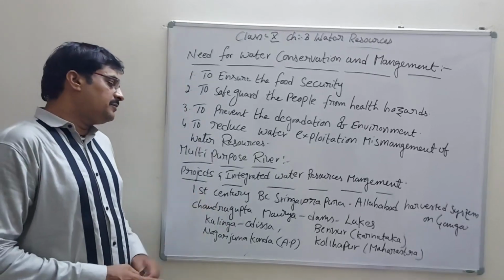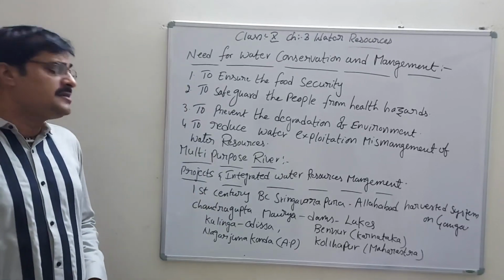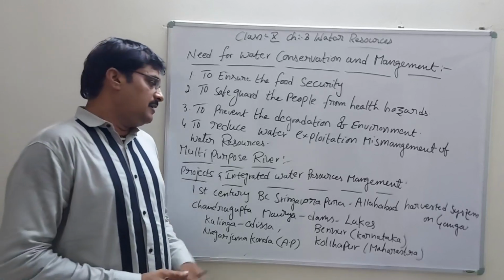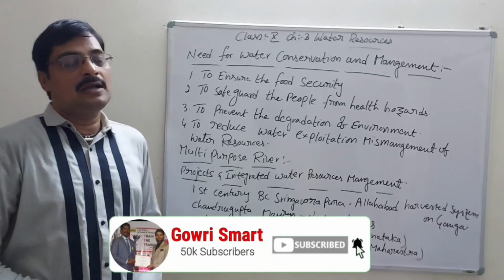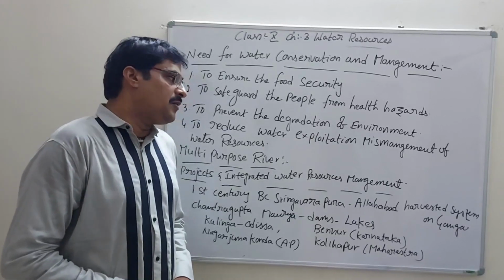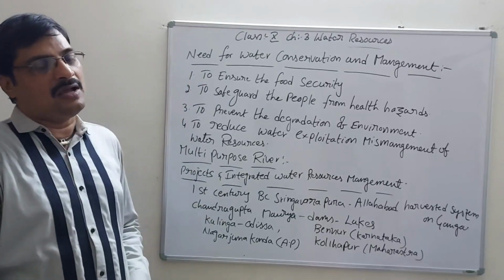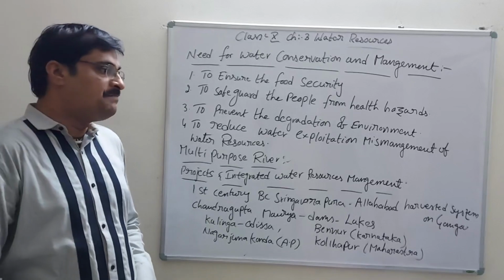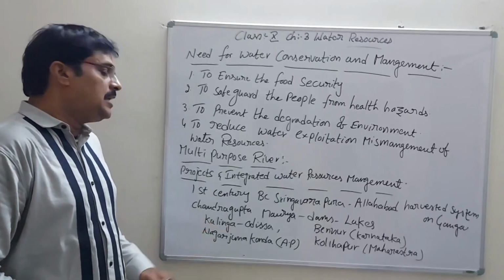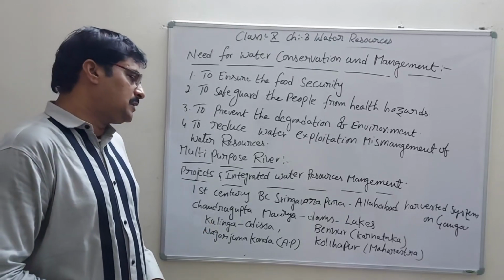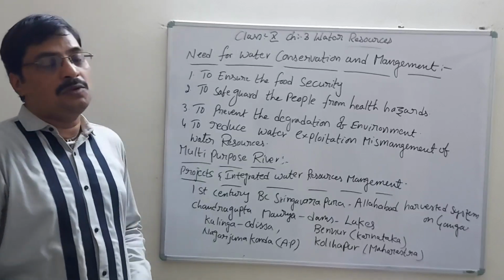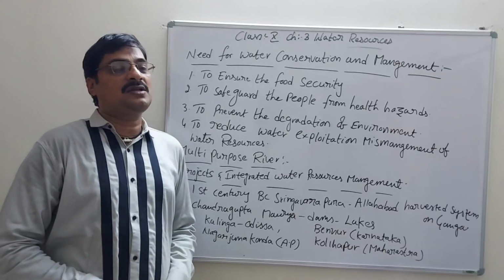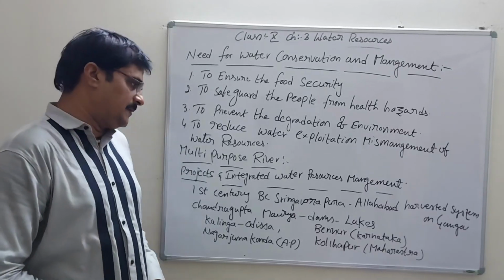Yes, in the first century BC, the king at Allahabad wanted to harvest the water of the Ganga. And Chandragupta Maurya also tried constructing dams on lakes.